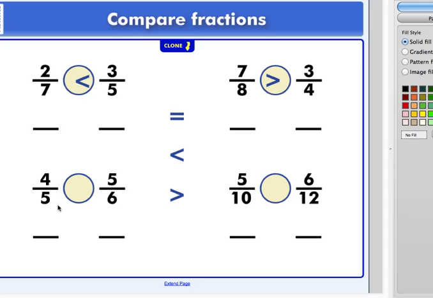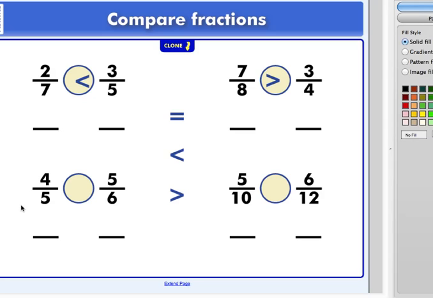Now, if that doesn't make sense to you in your head, you can always make equivalent fractions. But I have to find a number that both 5 and 6 are factors of. Can you think of the lowest number that both 5 and 6 are factors of? In other words, what would our least common denominator be? If you said 30, you're absolutely right. So I would need to make equivalent fractions with 30 as a denominator.